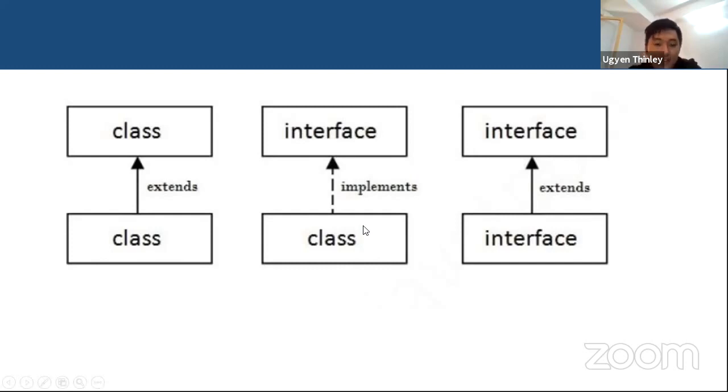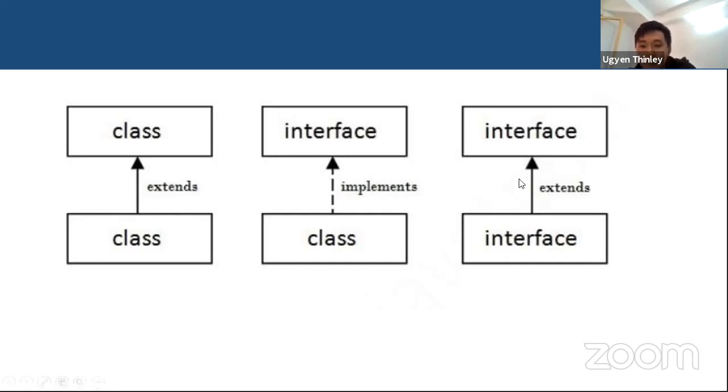During that time, you have to use the keyword implements instead of the extends keyword. So when the parent is an interface and the child is a normal class, you use the implements keyword to inherit the properties of the parent interface.